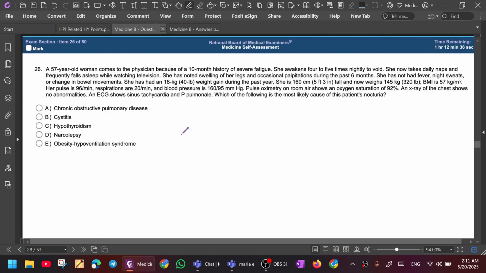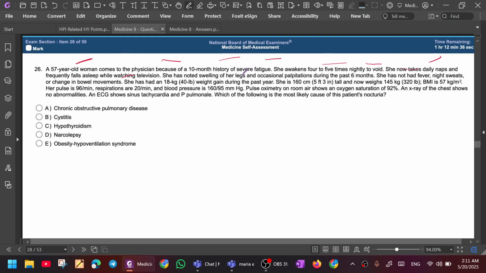A 57-year-old woman comes to the physician because of a 10-month history of fatigue. She awakens 4 to 5 times nightly to void. She now takes daily naps and frequently falls asleep while watching television.